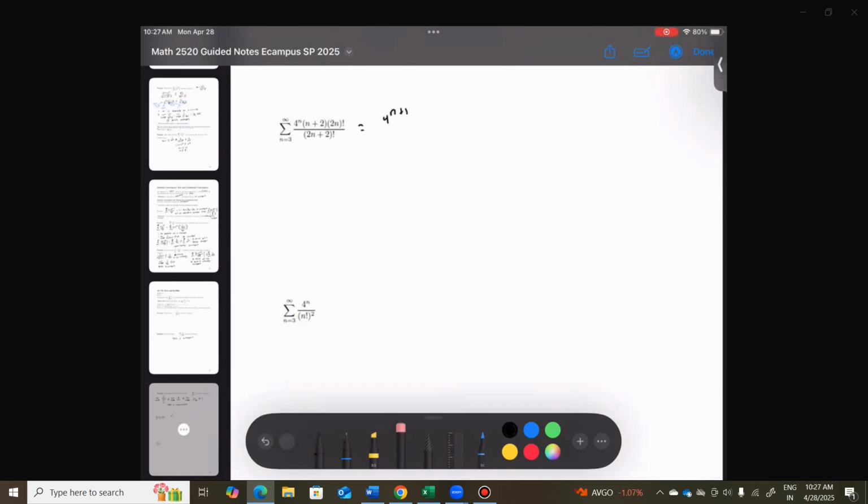Let me write up my limit. Limit as n goes to infinity, 4 to the n plus 1, n plus 1 plus 2, and 2 times n plus 1, and that'll be factorial.